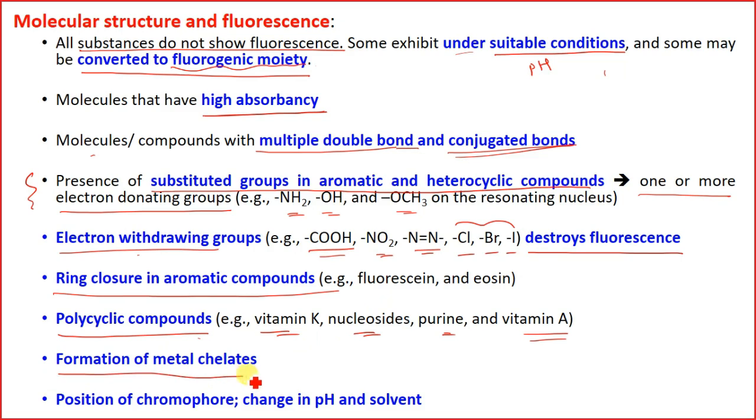Formation of metal chelates can also promote fluorescence. In fact, metal chelates, position of chromophore, change in pH and solvent may alter the fluorescent properties.